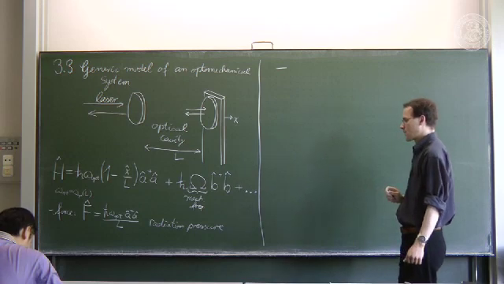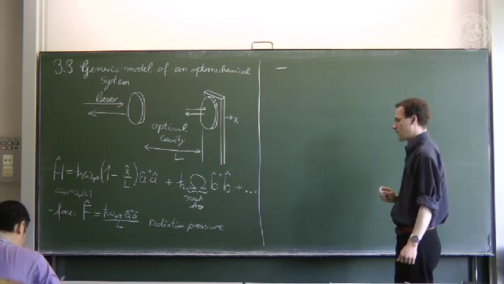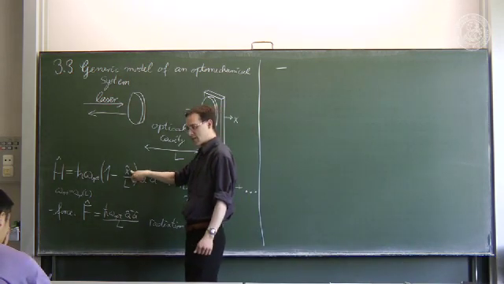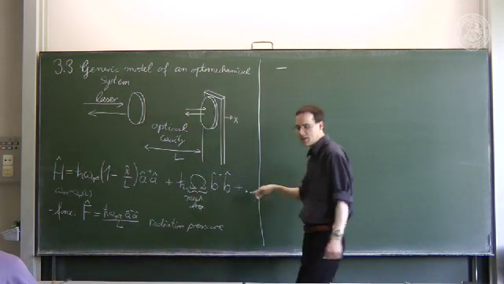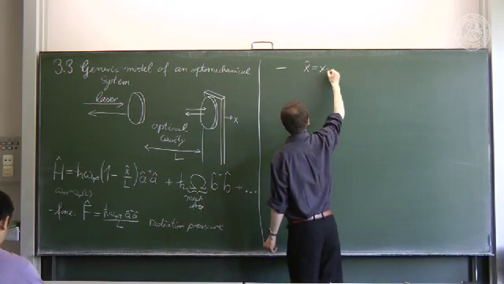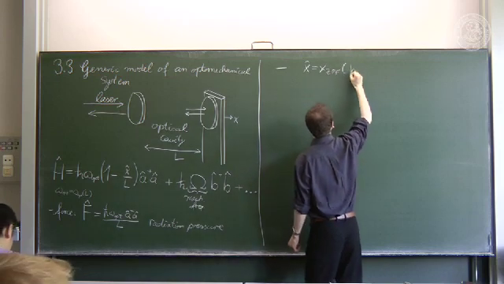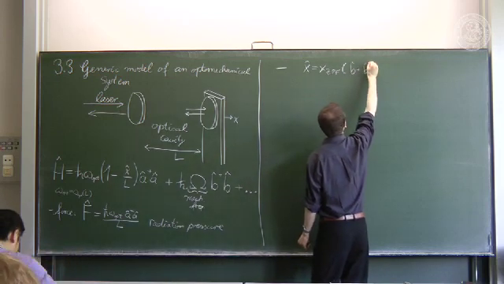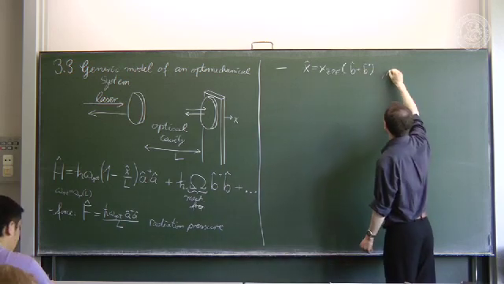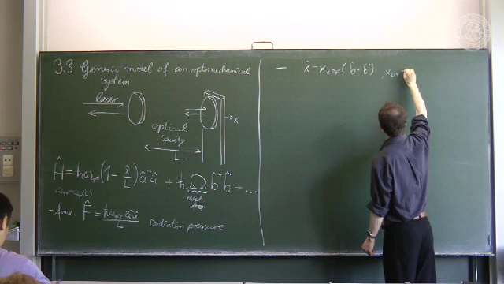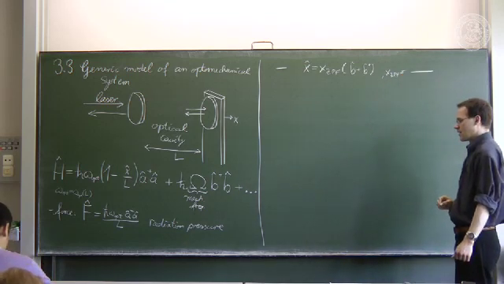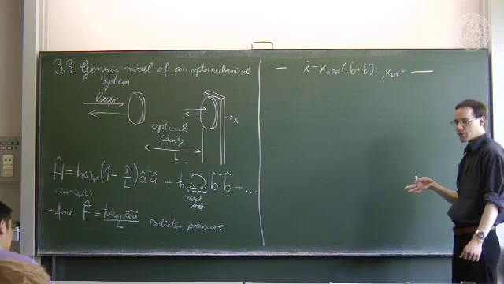So, first of all, you know how the displacement x is connected to the operators b of a harmonic oscillator. So it is essentially b plus b dagger, and the prefactor is just the width of the ground state. And the width of the ground state is determined once you know the mass and you know the frequency.